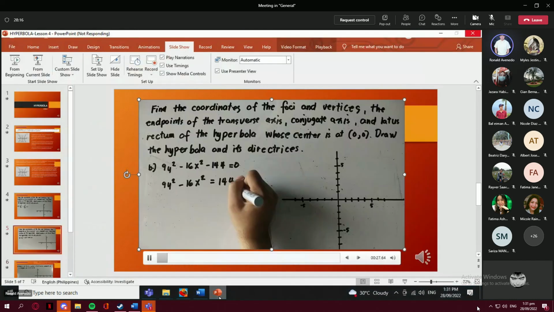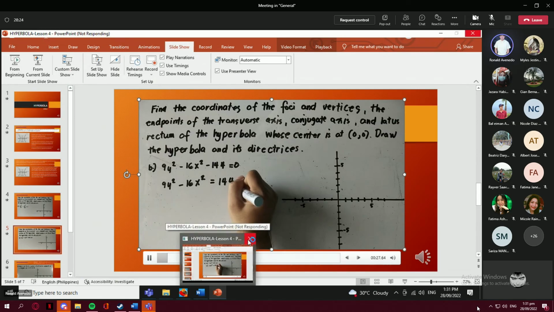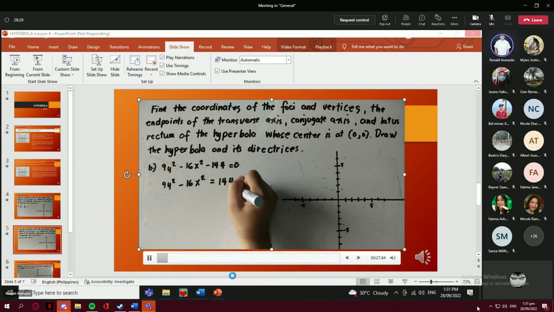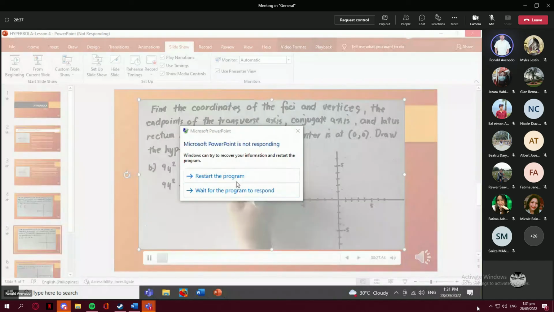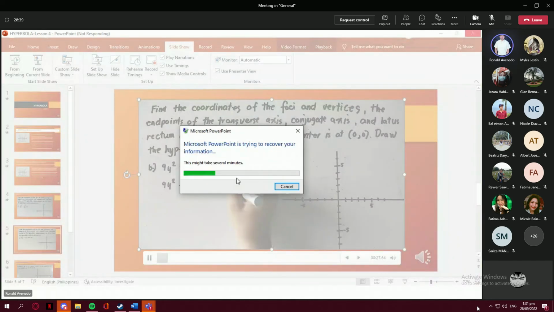The equation is in the form of y squared over a squared minus x squared over b squared is equal to 1. So therefore, a is equal to square root of 16, which is 4. B squared is 9, so square root of 9 is 3.